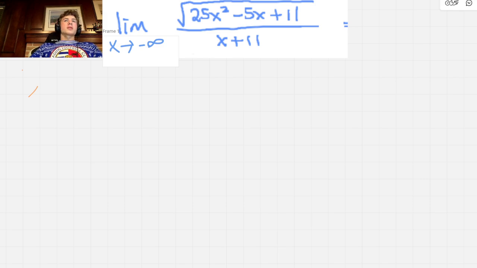Alrighty, so we're gonna go ahead and solve this problem here. It's really not that complicated, because infinity is such a large number, what we can do here is actually get rid of the parts that aren't the largest x value.